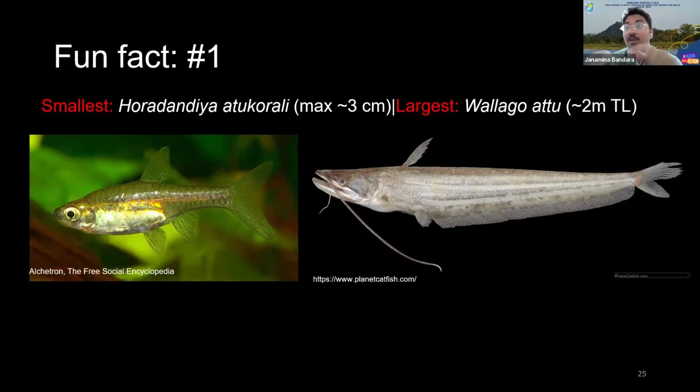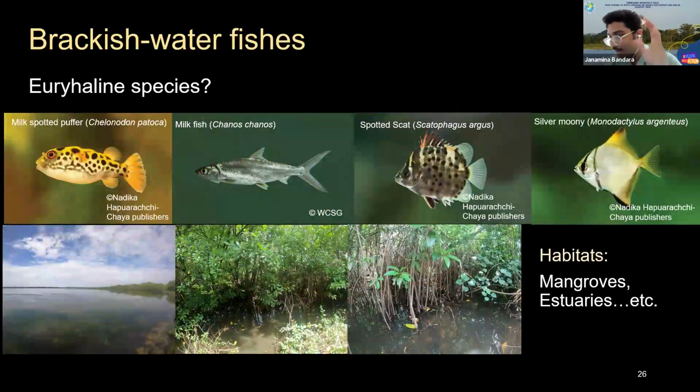And the biggest freshwater fish that you can find in Sri Lanka is none other than the biggest catfish, Wallago attu, which is the Walaya. Records say that they can even grow up to 2 meters in size as well. So I have compiled all that stuff into the freshwater chapter, but we are moving towards the brackish water fishes.